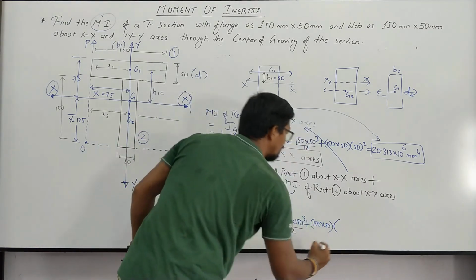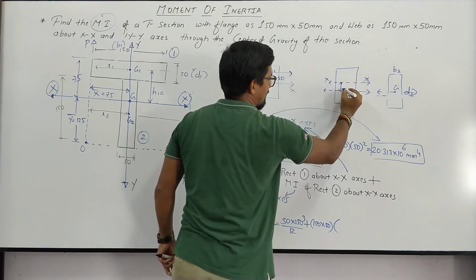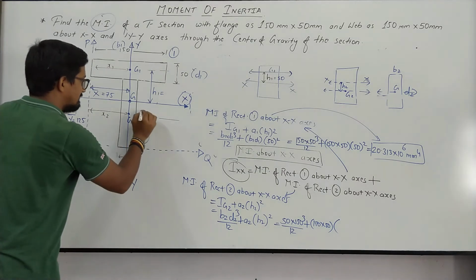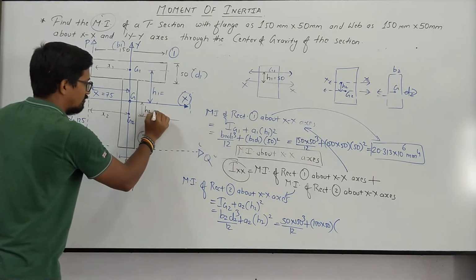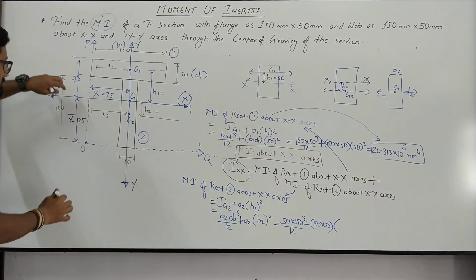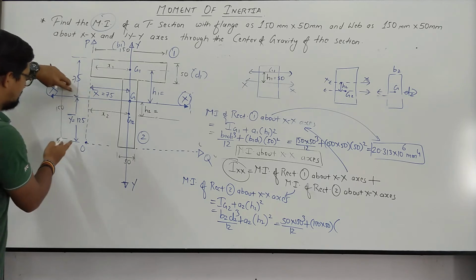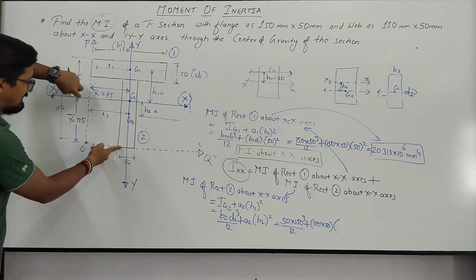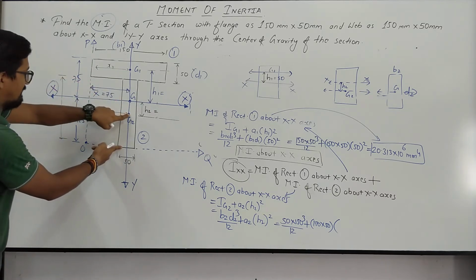Now what is h2? h2 will be this distance. From here to here it is 125, and from the base up to this CG is 150 divided by 2, 75, correct?